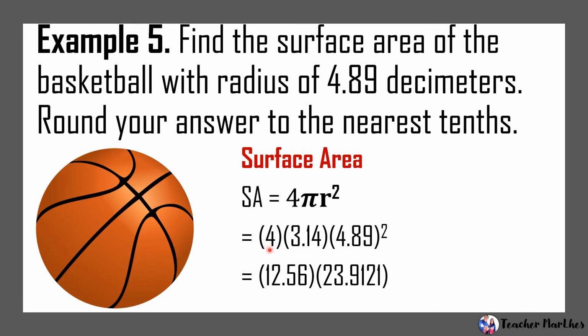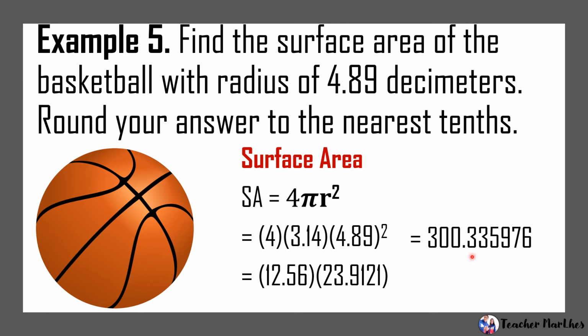So, 4 times 3.14 is equal to 12.56. Then, 4.89 times 4.89 is equal to 23.9121. So, 12.56 times 23.9121 is equal to 300.335976. So, sabi dito sa problem, round your answer to the nearest tens.